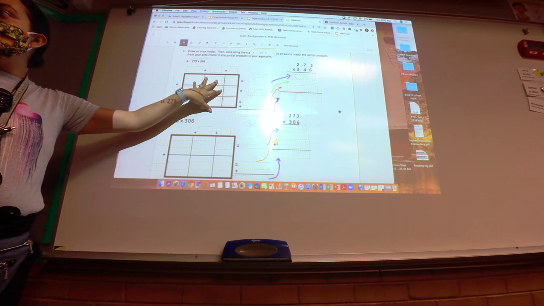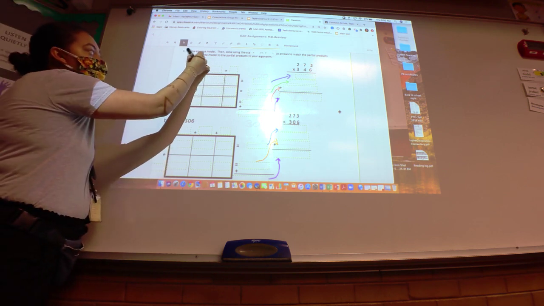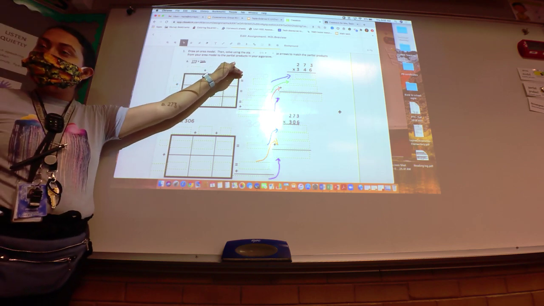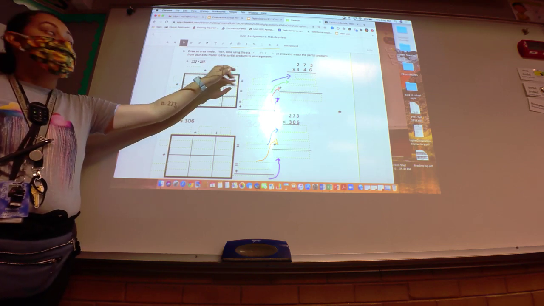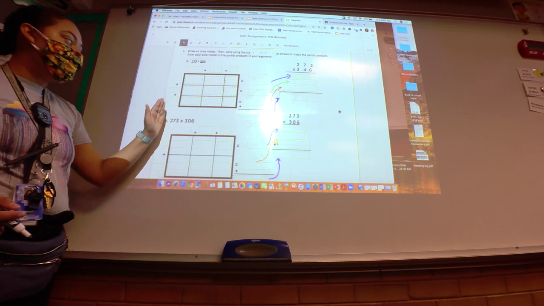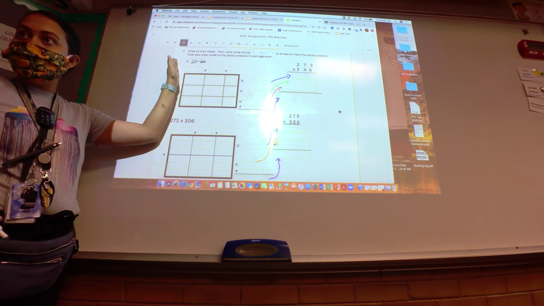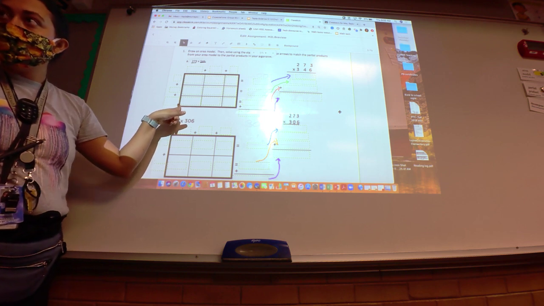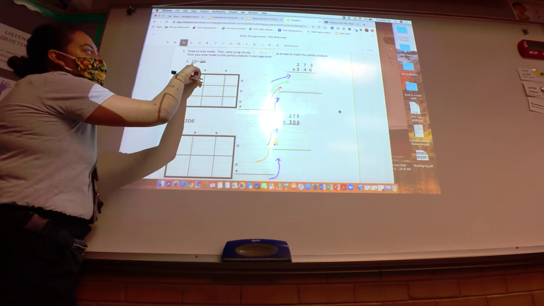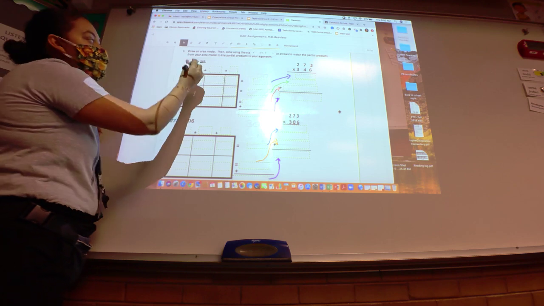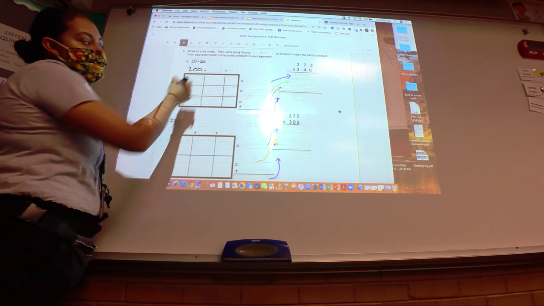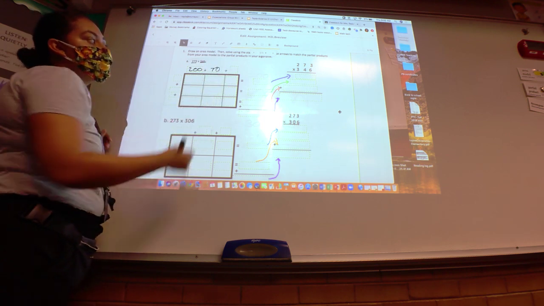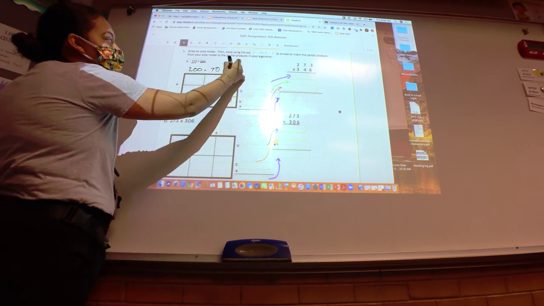So now in the area model, you're using each factor. The first factor, you're going to line it up on the top in units. The second factor, you're going to line it up on the left side in units, with the 300 all the way on the bottom. So we will have 273. In units, that's 200 plus 70 plus 3.